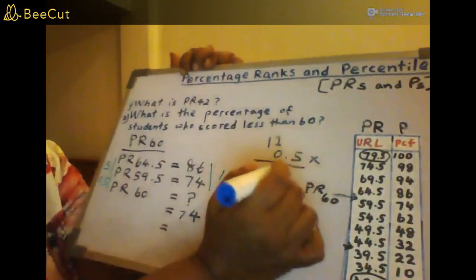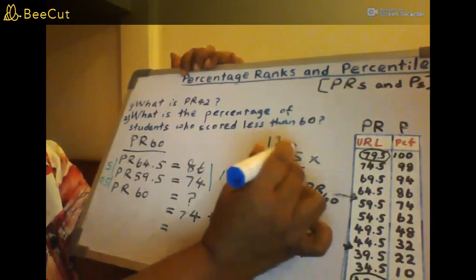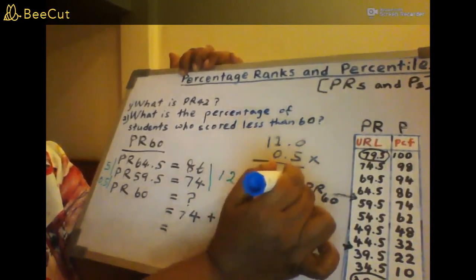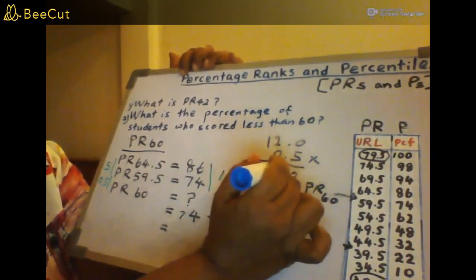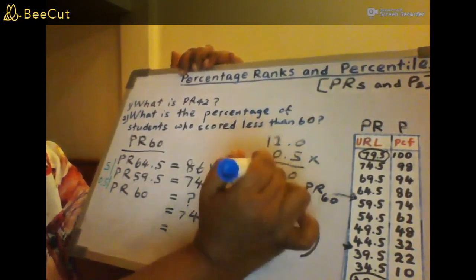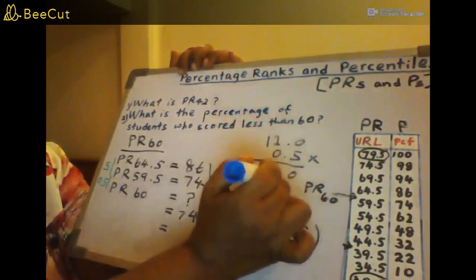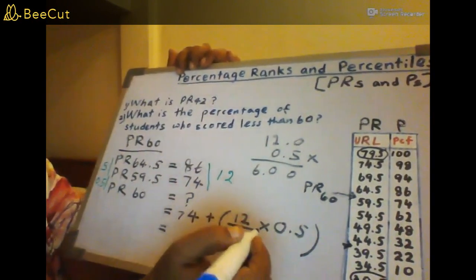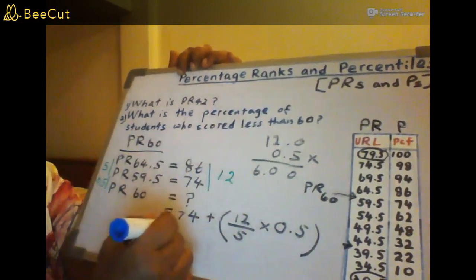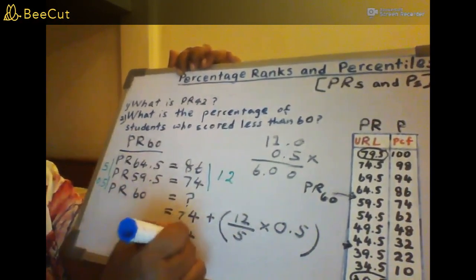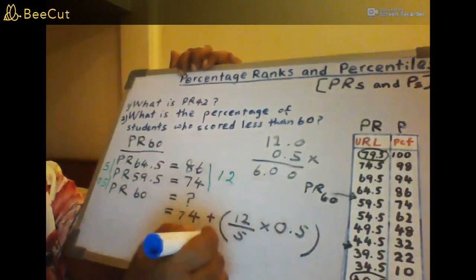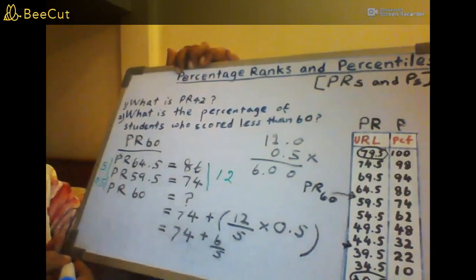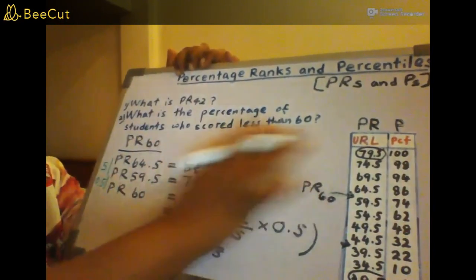You do it in your own way, right? I'm doing it my way. 12 times 5 is 60, with 2 decimals, 6. 6 divided by 5. We'll write it 74 plus 6 divided by 5.